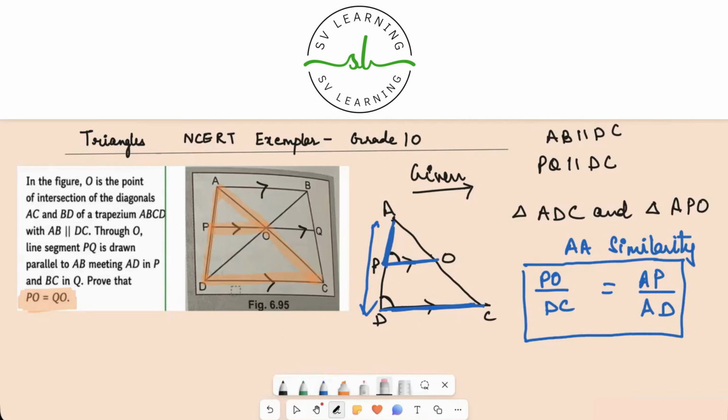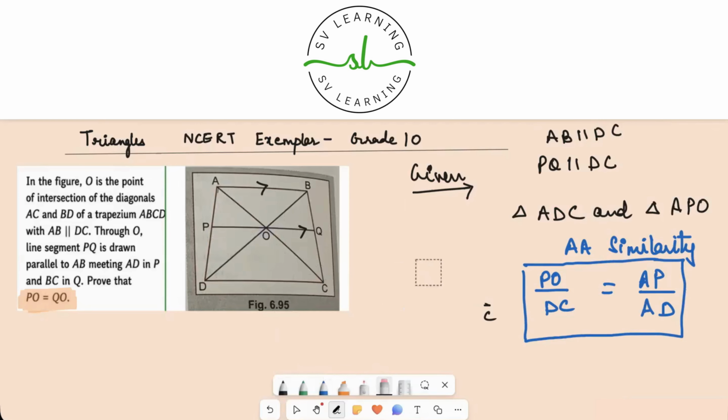Similarly, now if I take the next set of triangles, so let's say now I'll talk about triangle BDC, this one, and BOQ.